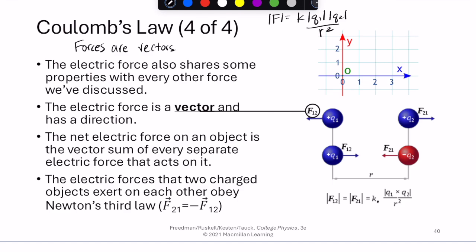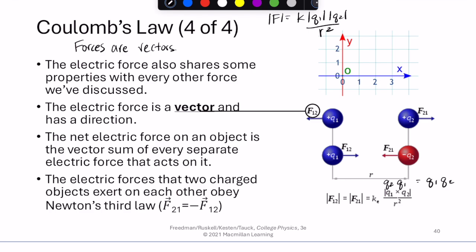So what you'll notice is when we calculate the magnitude of the force, it doesn't matter which we call Q1 and which one we call Q2, right? Because of the commutative property of multiplication, you can certainly multiply Q2 first. In other words, Q1 Q2 is equal to Q2 Q1.